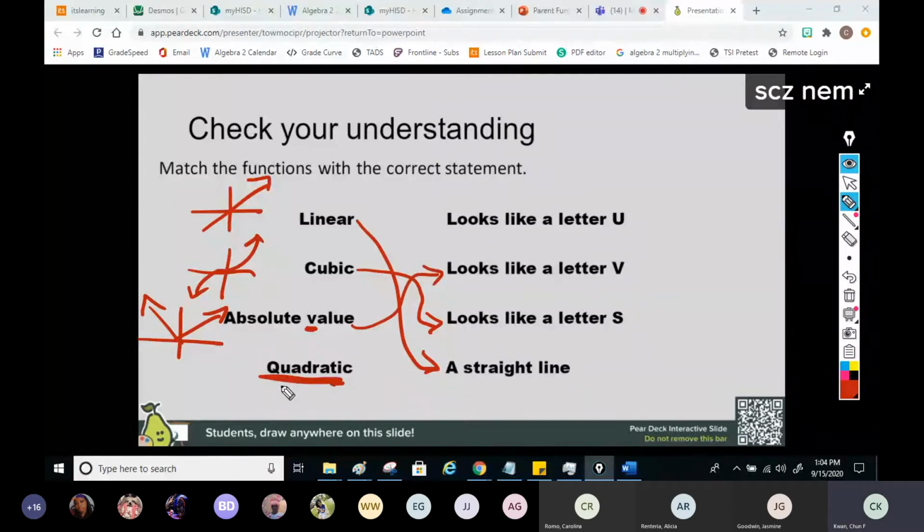So quadratic, I want you to pay attention. How about the U? The U right here tells you that the graph looks like a letter U. That is how I memorized it from back then. So that's your quadratic, it looks like a letter U.